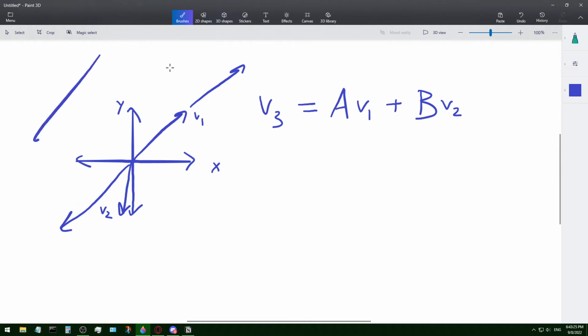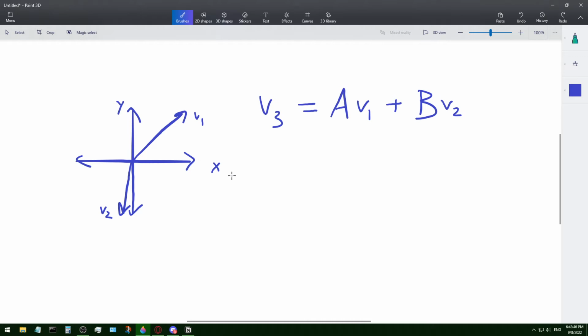So it seems like we've covered basically the whole plane. So I'm going to take that as meaning we can reach every single point, and therefore these two vectors can be considered linearly independent.